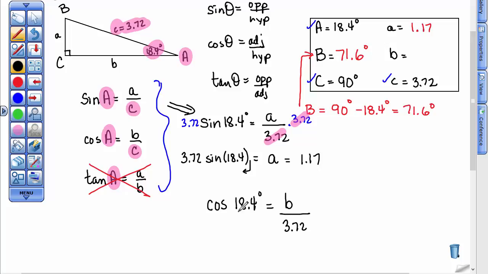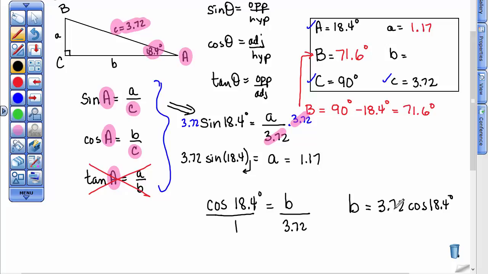I would like to show you a different way algebraically to think about this. Yes, you could multiply both sides by 3.72, but don't forget proportions and cross products. If you put a 1 underneath this, you could set this cross product right here, 1 times b, which is b, equal to this cross product right here, which is 3.72 times the cosine of 18.4 degrees, and that's what you need to type in your calculator.